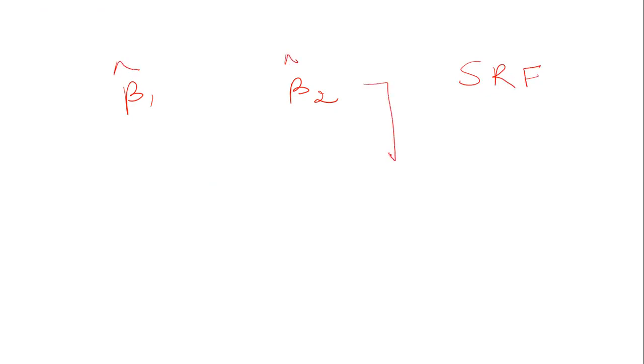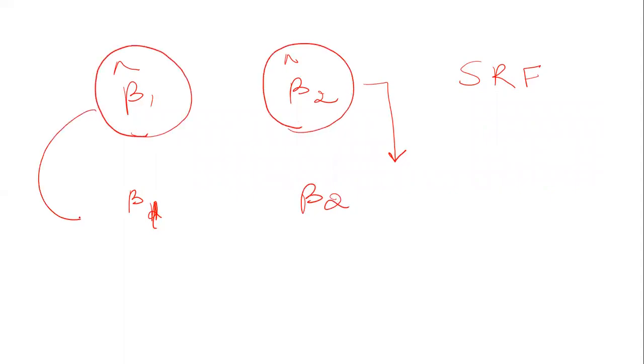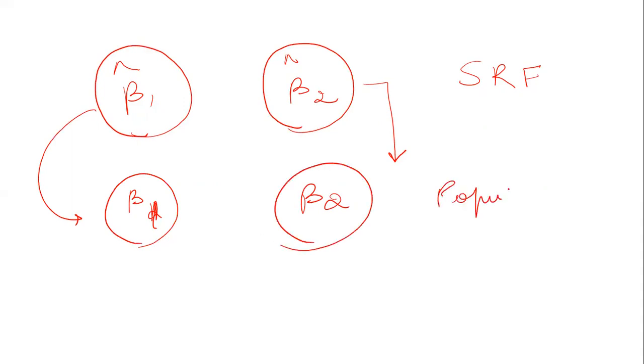How close are beta 1 hat and beta 2 hat to the actual beta 1 and beta 2? How closely do they represent my population? That is the first question that I have in mind. I have estimated it, but how close is my estimation to the actual values?